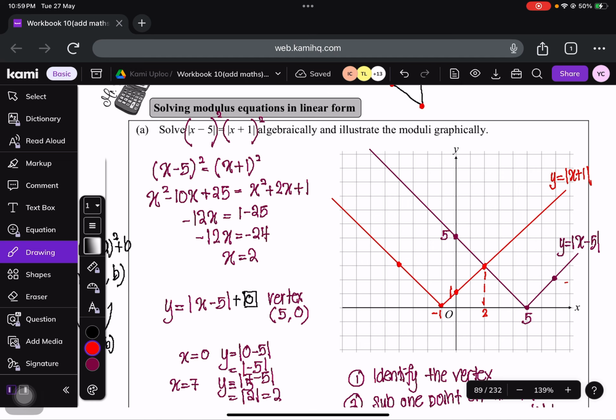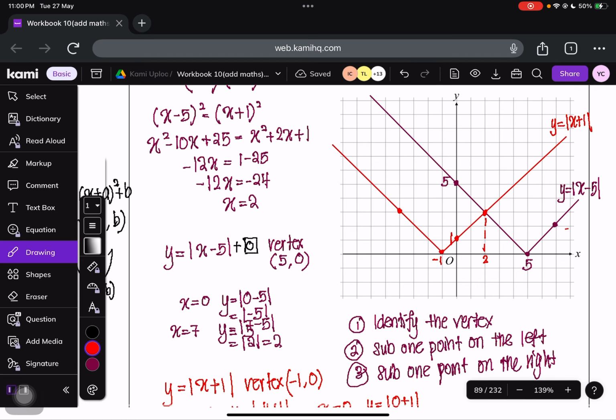Now, sometimes they don't give us a grid like that. You have to know when to draw crossing 2 points and when to cross 1 point. You will only cross 2 points if your gradients are different. Now, what does it mean? Look at this question here. This is x minus 5.